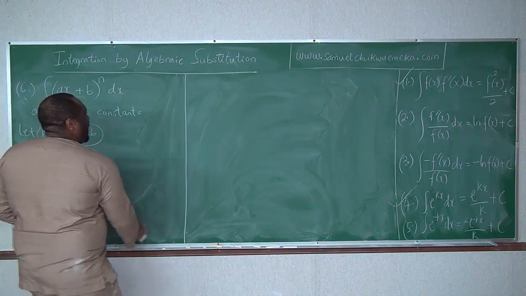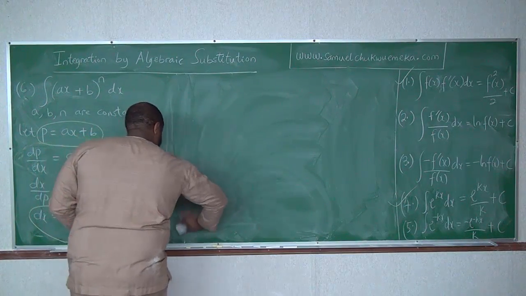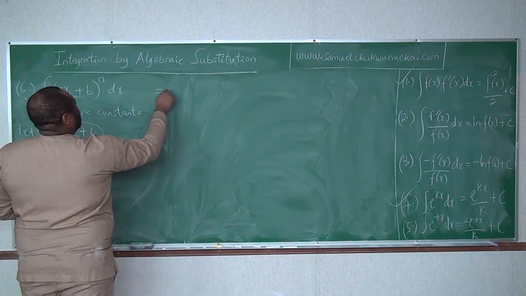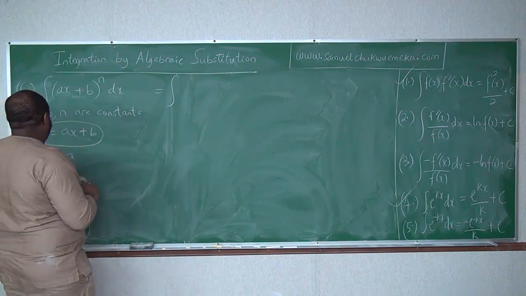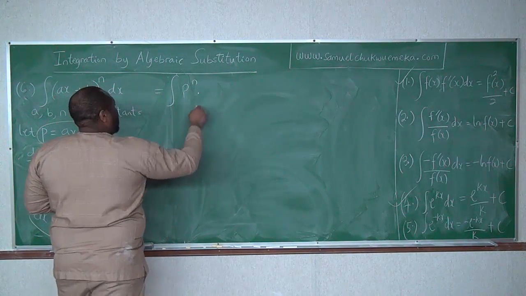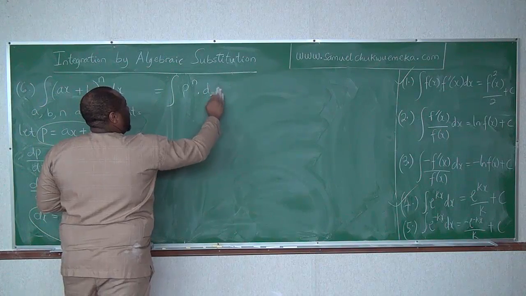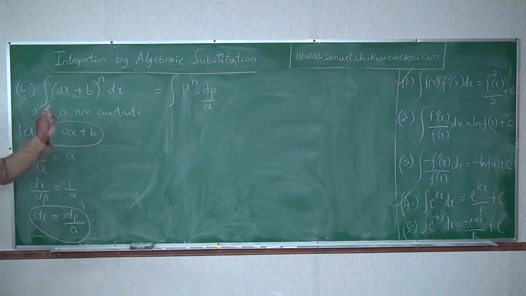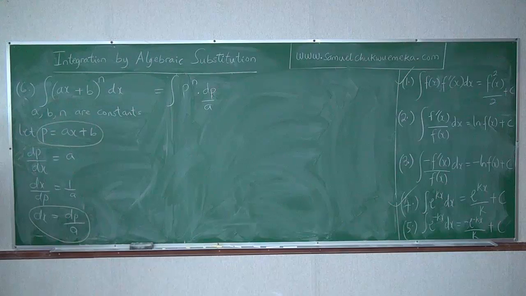Okay, so now I have this. This will give me p raised to power n times dp over a. You see that? P raised to power n times dp over a.